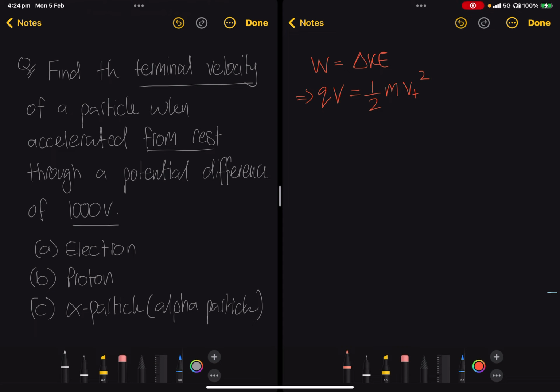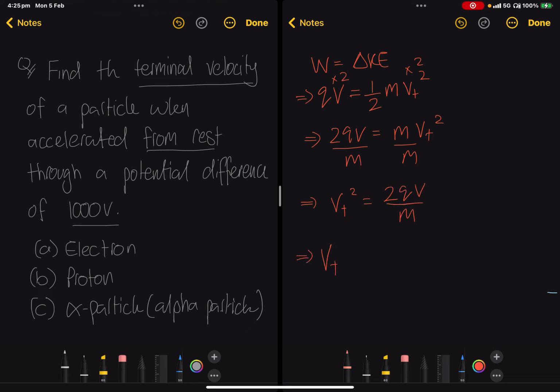So all we're after in these questions is terminal velocity, so we're going to rearrange this straight away. Multiply both sides by 2, this gives us 2QV is equal to mass times terminal velocity squared. Divide both sides by the mass. This gives me terminal velocity squared is 2 times the charge times the potential difference over the mass.